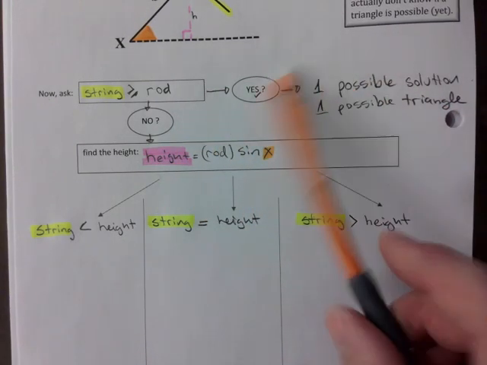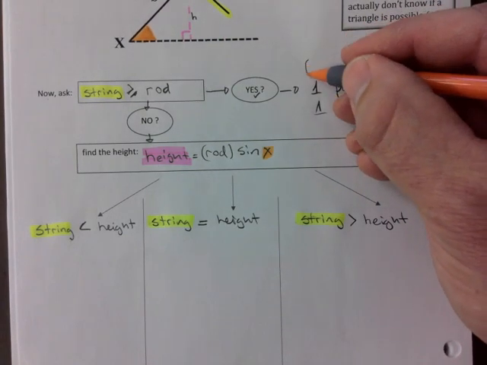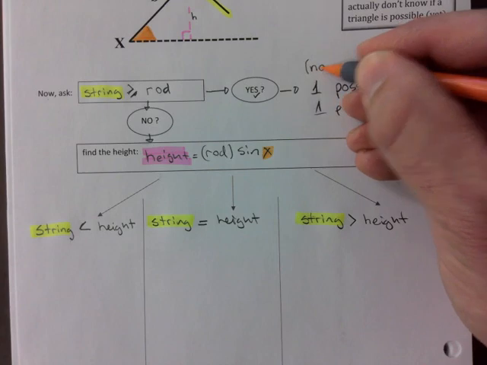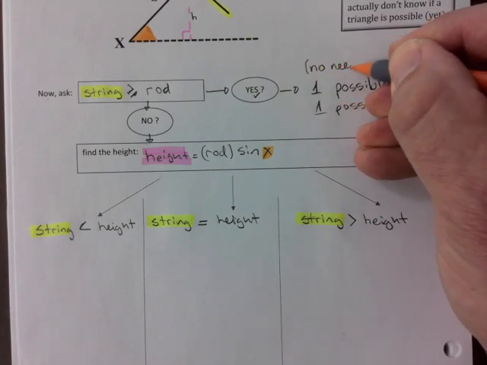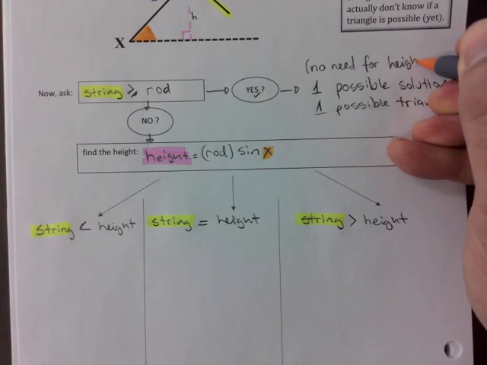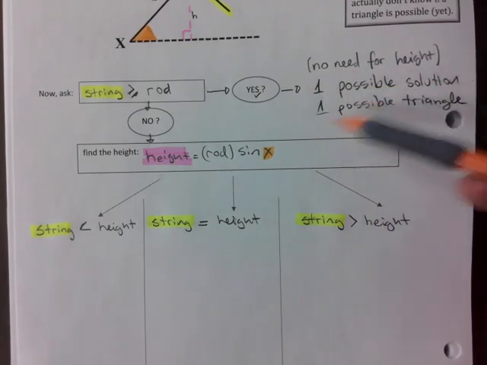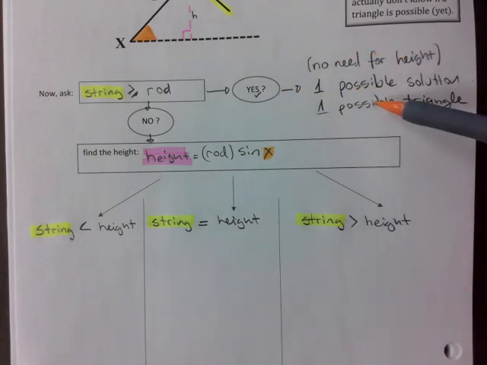You don't need to worry about the height. I should probably say in brackets, no need for height. That is probably something students miss quite often. They still want to calculate the height if they end up here. No need for that, right?